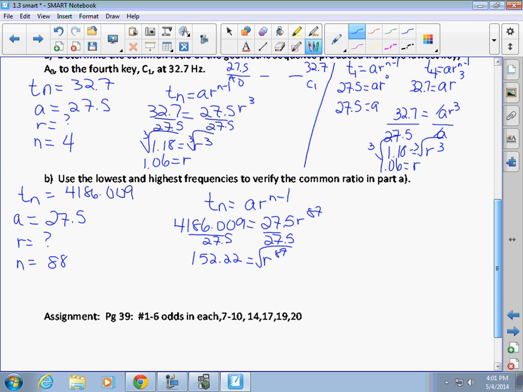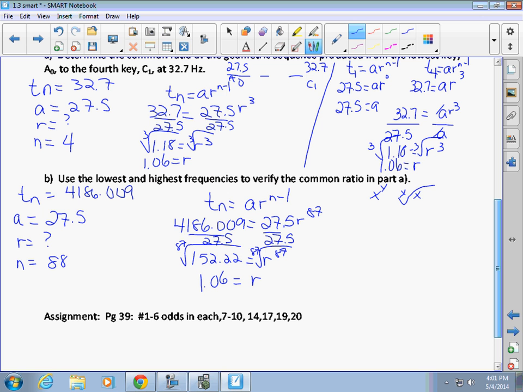So on your calculators, you usually have an x to the y button or y to the x like that, so then you can use that function on your calculator to do it. So I'm 87th rooting these two sides, so I get 1.06 is equal to r, which was what I got doing my other two calculations as well.